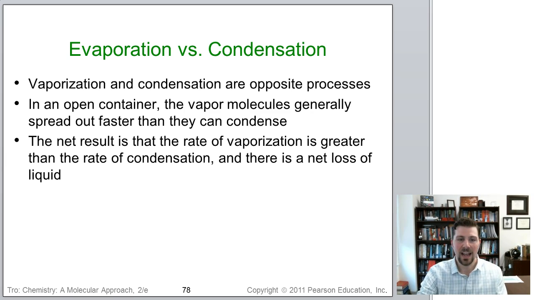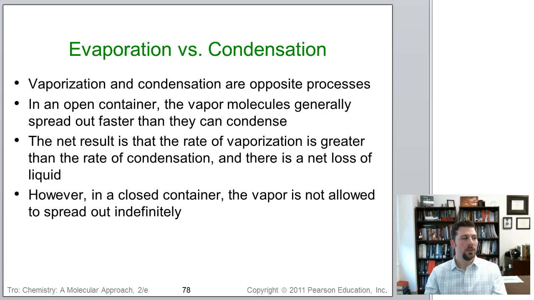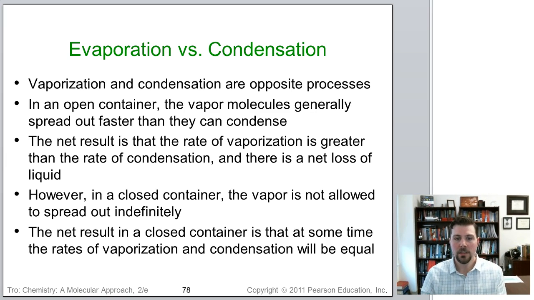On average, any liquid that's exposed to the atmosphere around it in an open container is undergoing vaporization processes and condensation processes such that they often reach an equilibrium, especially if it's a closed container. The rates of evaporation and condensation will be equal to one another, and the liquid will never slowly disappear all the way.